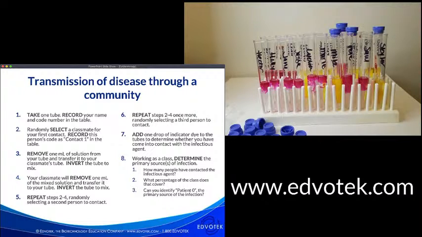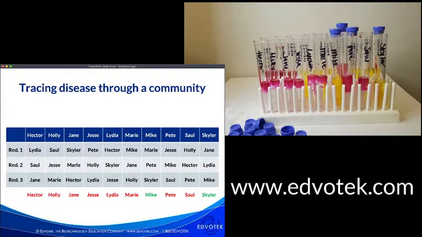And so the way that I usually do it is that I start to look at the healthy people to try and analyze the spread of the disease. And so here is our slide, again, the chart of all of our interactions, and then the results. So Skylar did remain unaffected by the virus, and the rest of the students tested positive.